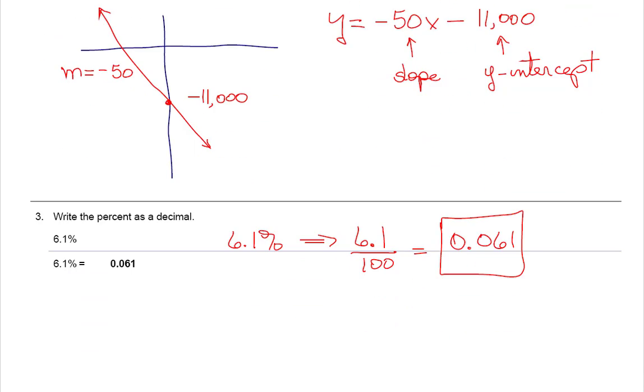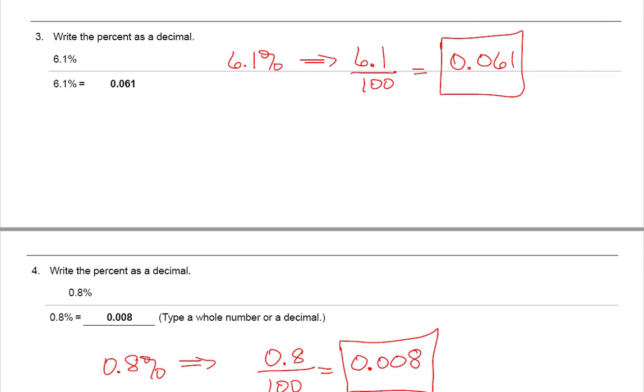Let's see, question 3. They want us to take 6.1% and write it as a decimal. So all I do is divide by 100, or you can think of it as moving the decimal 2 places to the left. And so I get 0.061.